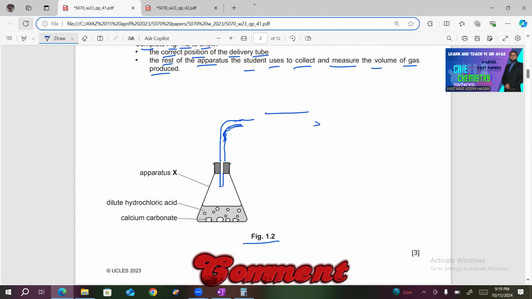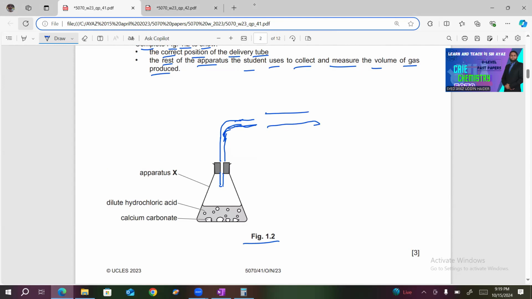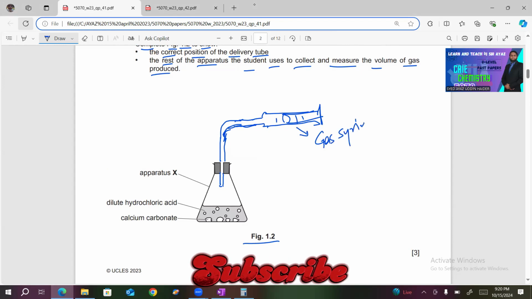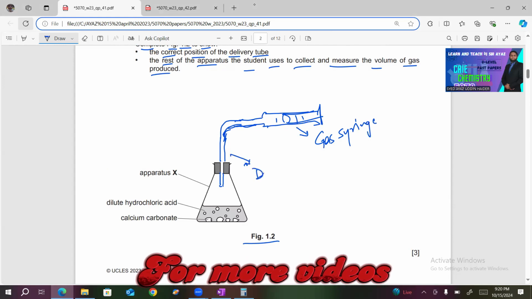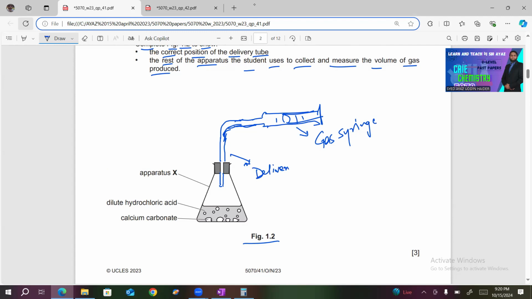So here you have delivery tube, sorry, gas syringe to collect the gas, plunger, and label the diagram. This one is gas syringe, and this one is delivery tube.